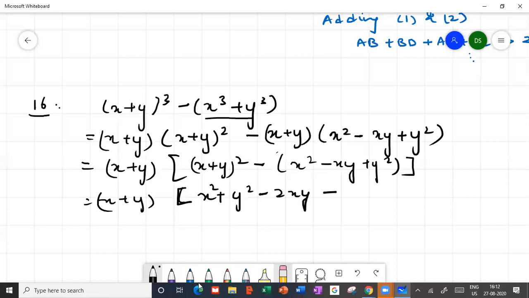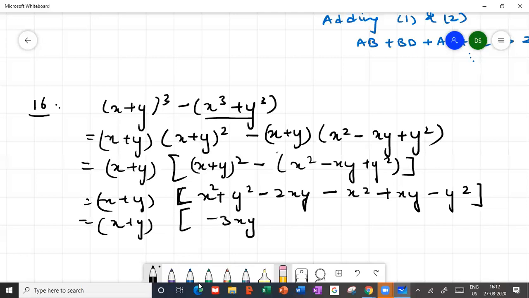Then it will be cut. x square gone, y square gone, minus 3xy. So basically these are the two factors. Wait.